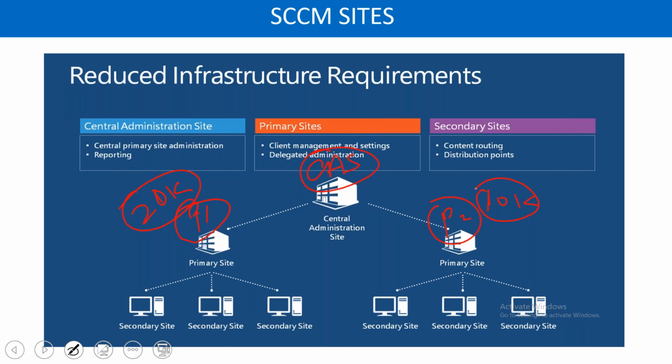Let's say this one is ABC company, and they have purchased DEF company. Let's say Coca-Cola purchased Thumbs Up, and they want to keep them separate, and both have primary sites. The Coca-Cola primary site will be managing all the devices in Coca-Cola, and the Thumbs Up primary site will be managing all the devices in Thumbs Up, and both will report to central.